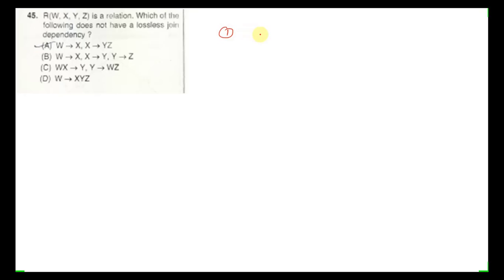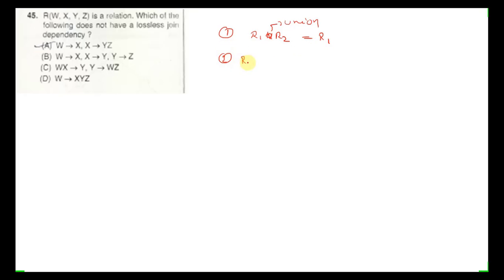The first condition is that the union of the decomposed relations' attributes, R1 attributes union R2 attributes, is equivalent to the attributes of R.